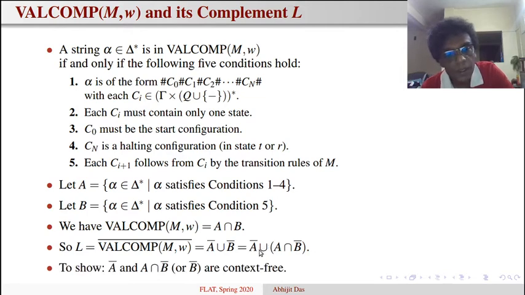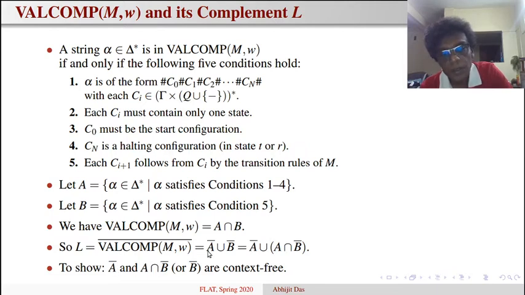So it suffices to show that A complement and A intersection B complement are context free. But we will instead show that this is actually a regular language and this is a context free language. So a regular language is also a context free language.